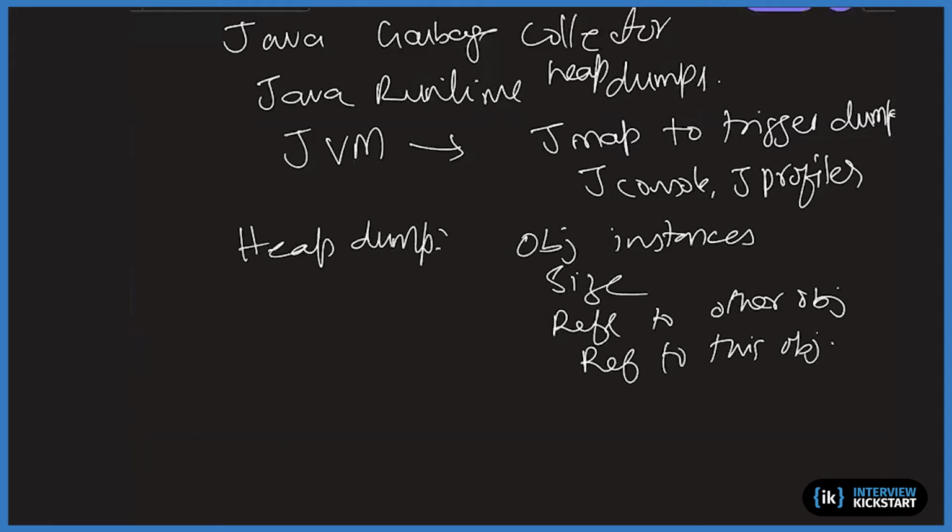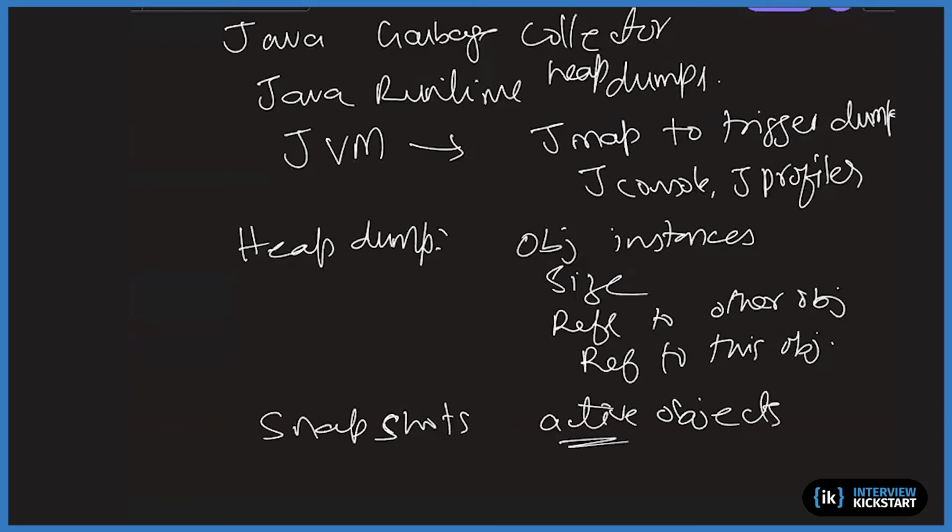It keeps track of these references so that the garbage collector can free an object when its references are null. So to find a memory leak, remember, these are all snapshots of all the active objects, meaning live objects, at a given time.